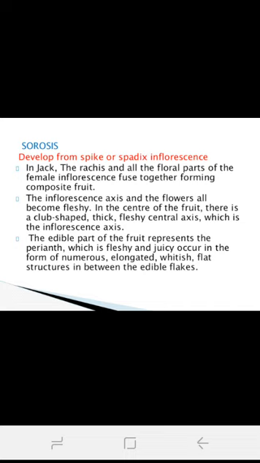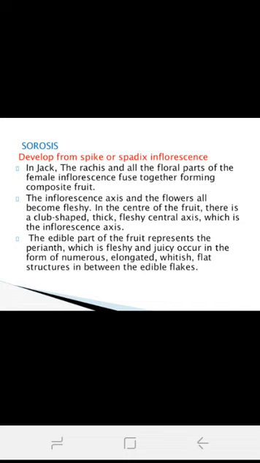In jackfruit, when you cut it open, you can see a central rachis, and the floral parts of the female inflorescence fuse together forming a composite fruit. The inflorescence axis and the flowers all become fleshy, and at the center of the fruit there is a fleshy axis, that is the inflorescence axis or rachis.